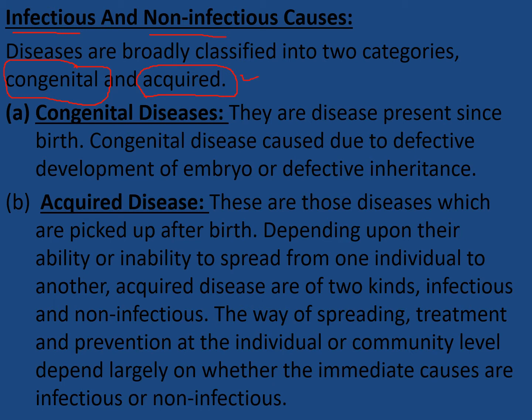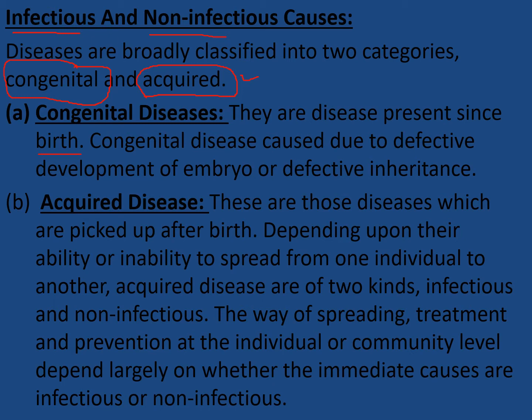Now look here, number one, congenital diseases. They are diseases present since birth. From the time of birth, these diseases are along with the person. Congenital diseases are caused due to defective development of the embryo or defective inheritance.